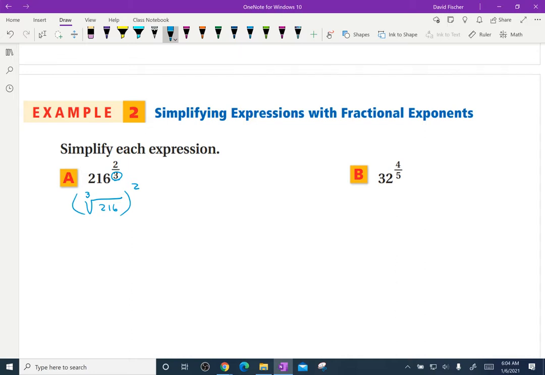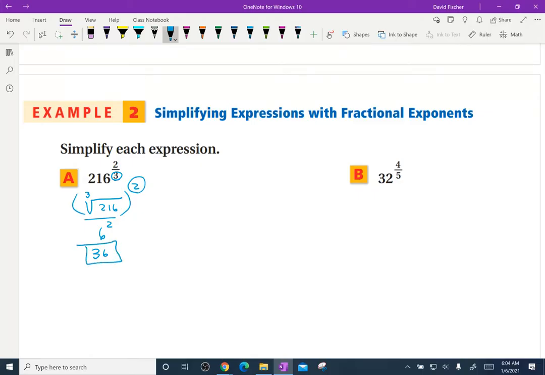What's the cube root of 216? Sorry. I get 6. So this part right here equals 6. So I'm going to bring my 2 down, because I want to square that. And 6 times 6, or 6 to the second power, I know is 36.